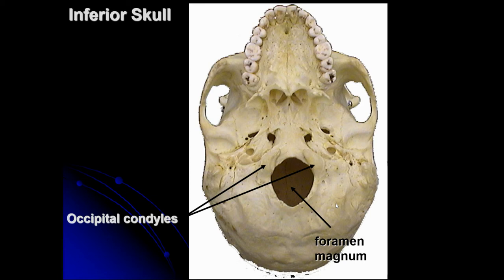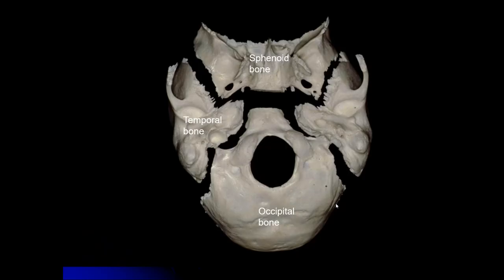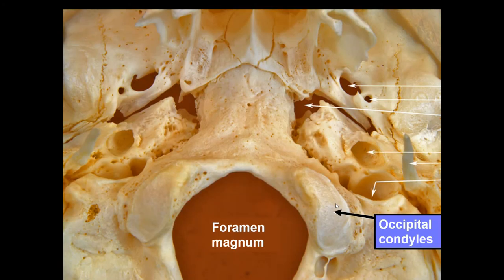Remember, bumps on bones are sometimes called condyles. And so these are called the occipital condyles. If you see this, you can see where they are. There's our foramen magnum, that big hole in the middle, and then there are the two occipital condyles on either side of it. If we blow it up, you can see the foramen magnum here and a very nice view of these occipital condyles.